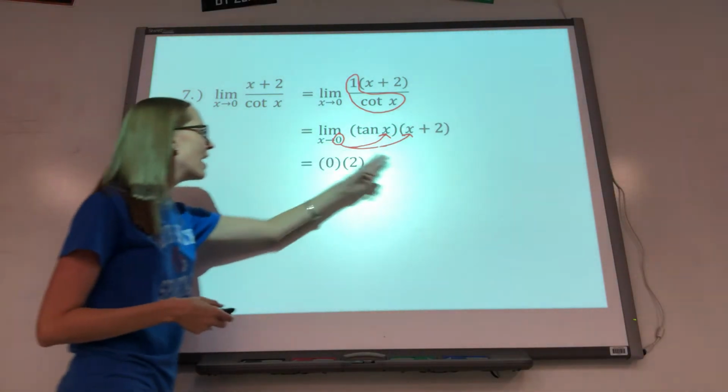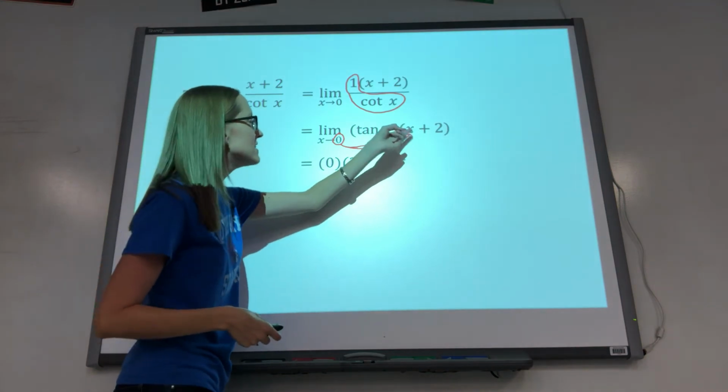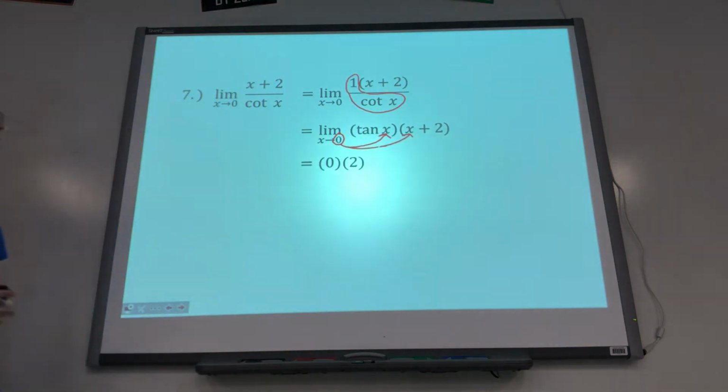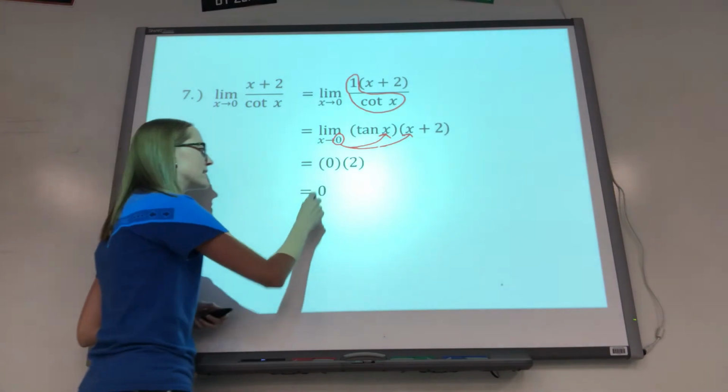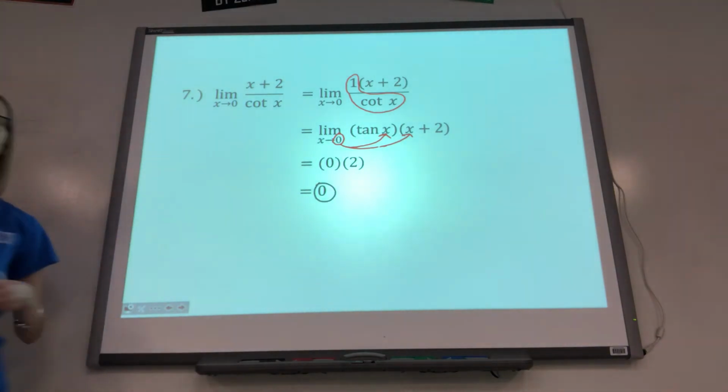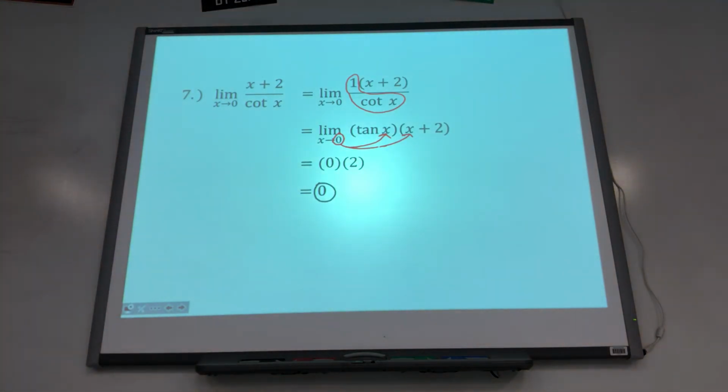And so when I plug in the 0 back there, 0 plus 2 is 2, but 0 times anything is just 0. So I did not do that on number 6 because that was just cosine and it was easy to type into my calculator.